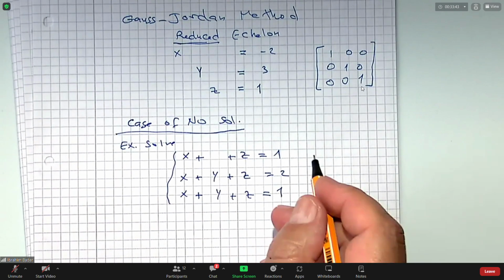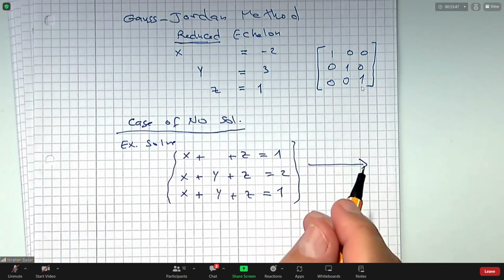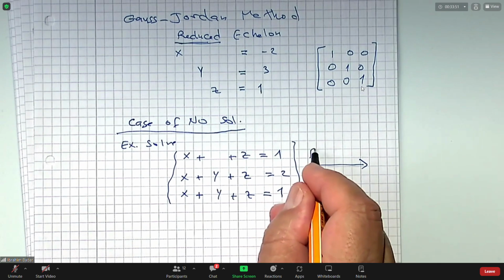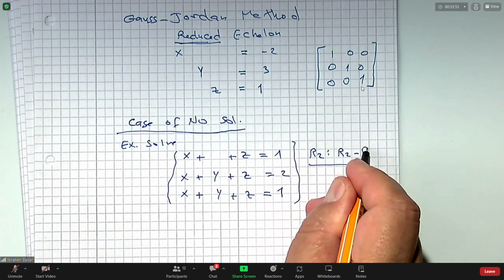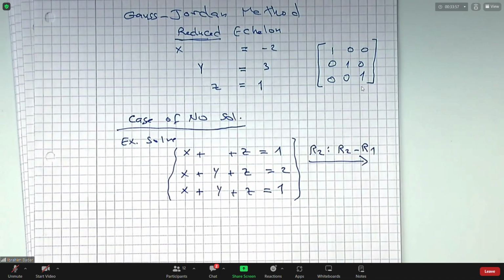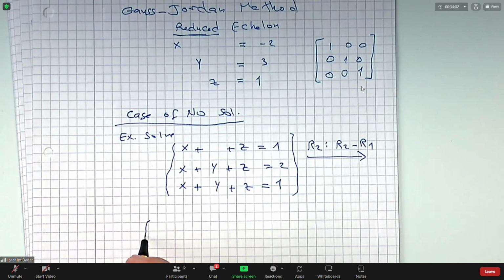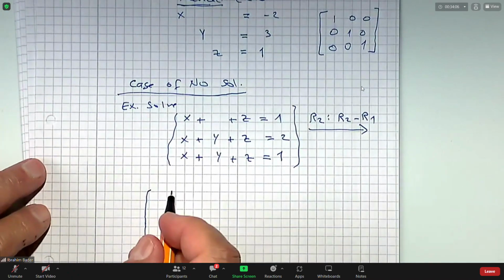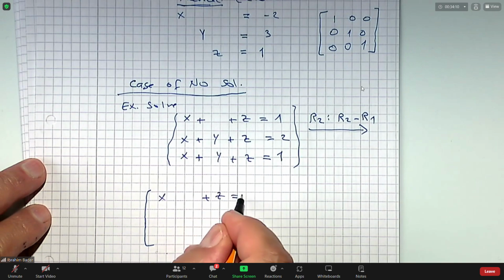Let's say I'm going to subtract row 2 minus row 1. Let's see what we get. The first row remains the same: x plus z equals 1.